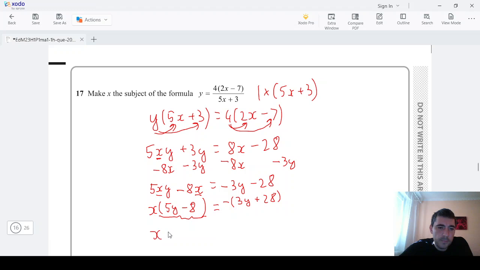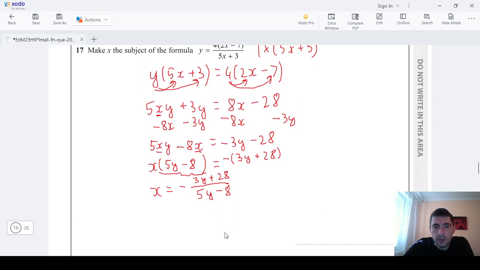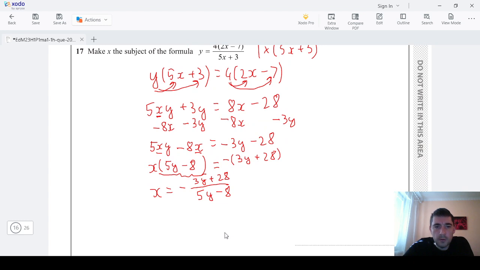So our x is equal to minus 3y plus 28 over 5y minus 8, and that should bring you 4 more marks.